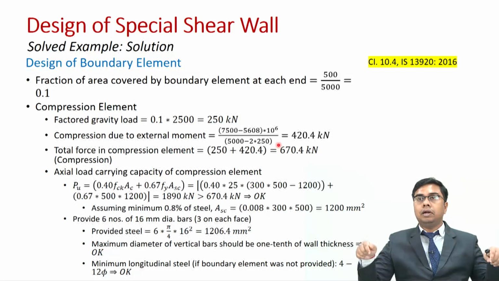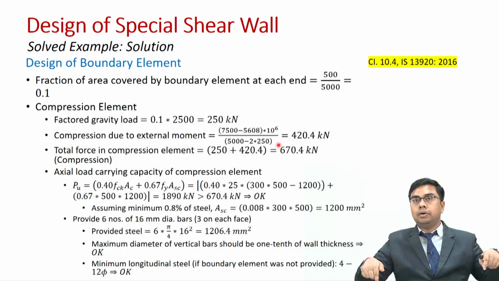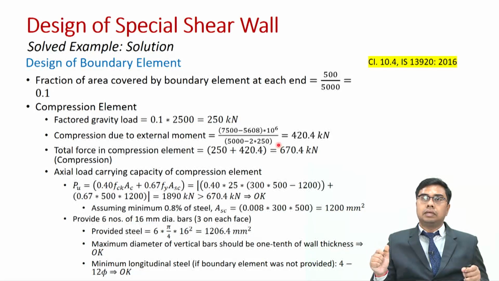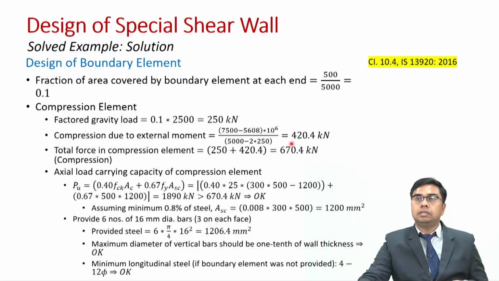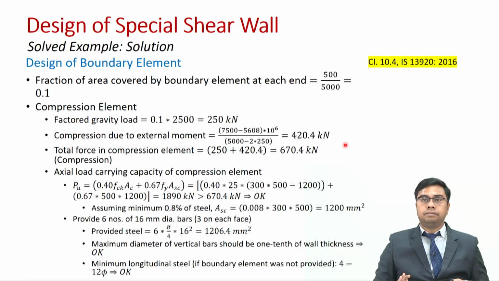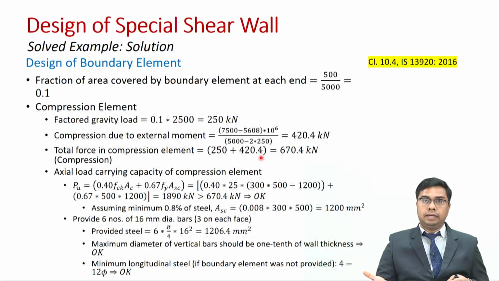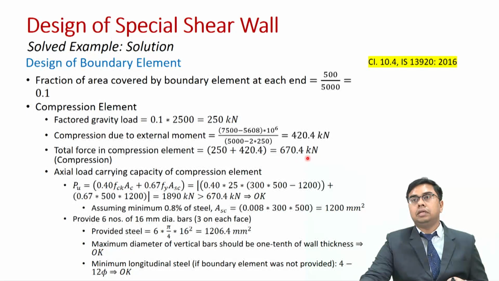So the lever arm between the compression boundary element and the tension boundary element is 5000 minus 2 into 250, which upon calculation gives 420 kilonewton. So the total force in the compression element becomes 250 plus 420: 250 kilonewton from the gravity load and 420 kilonewton from the external moment. So the total becomes 670.4 kilonewton.